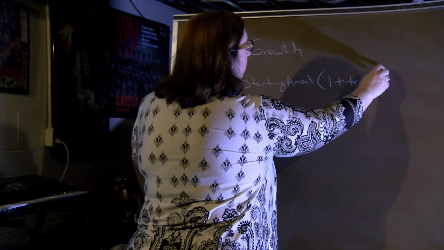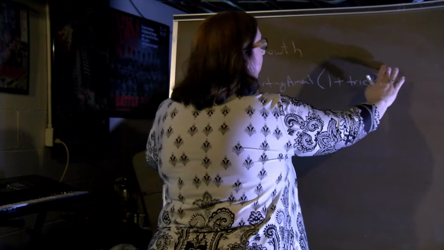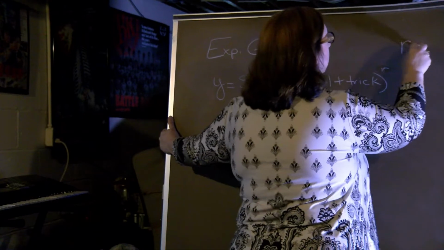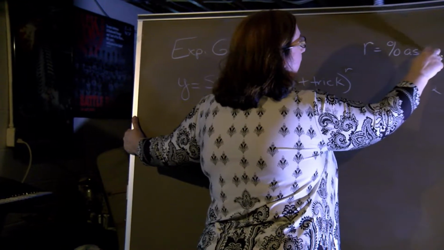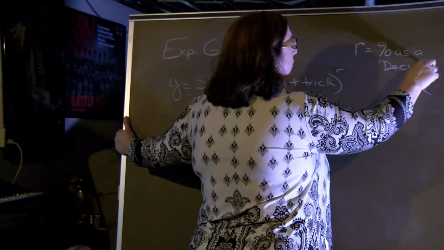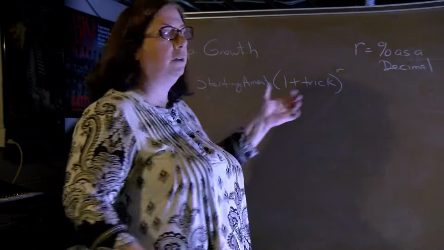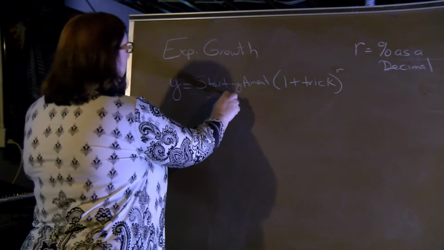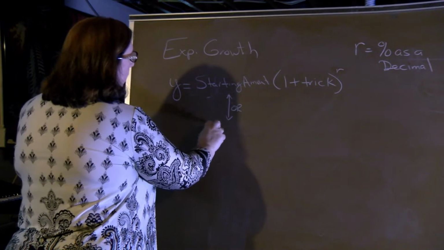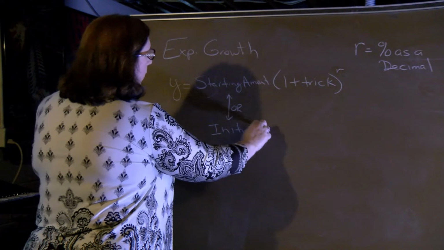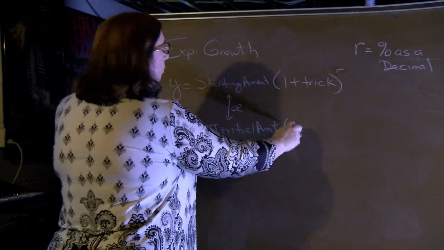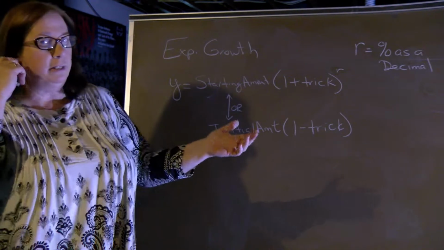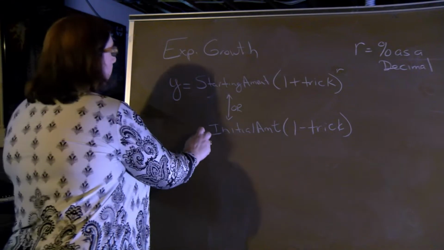And then your exponent, or your percent. And you can even put an R there so you remember it's a rate. So it's your percent as a decimal. And the starting amount is also called the initial amount. And you can use the 1 plus or 1 minus trick, depending on if it's increasing or decreasing.